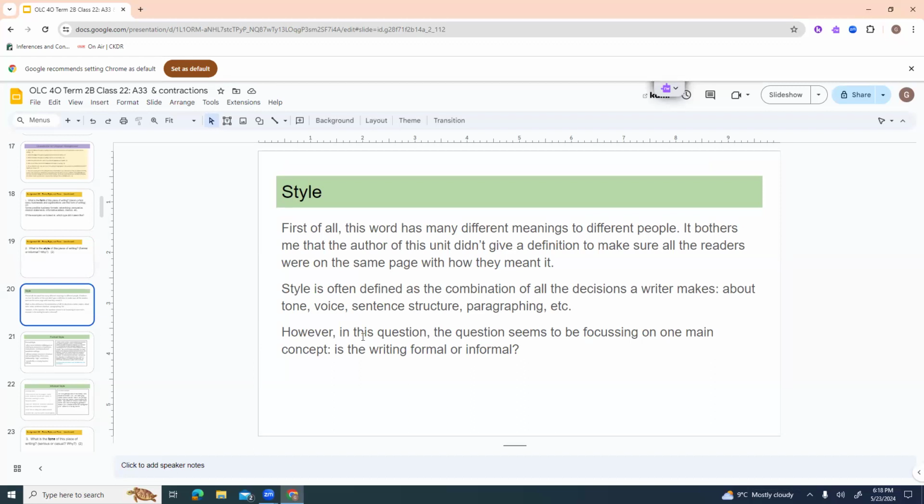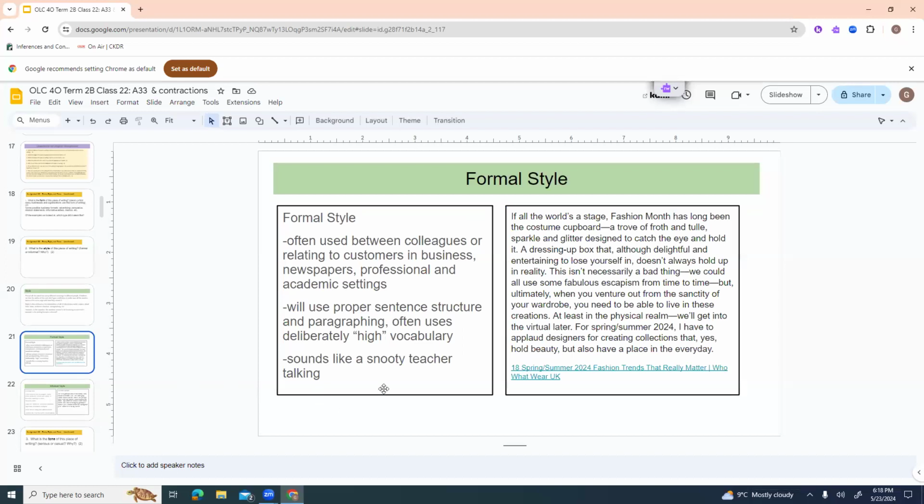To me, when I hear the word style, it's often defined as the combination of all the decisions a writer makes about the tone, voice, sentence structure, paragraphing. However, that's not what they seem to mean. They seem to be meaning, is the writing formal or informal? Which I'm not really sure is the only thing that style is about. So I don't like that question.